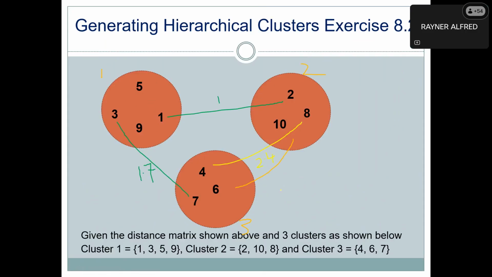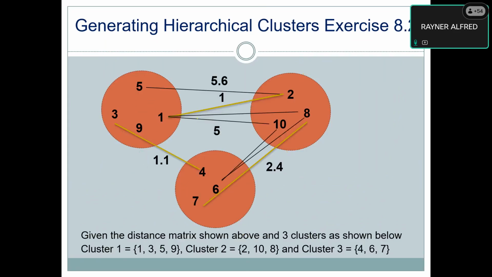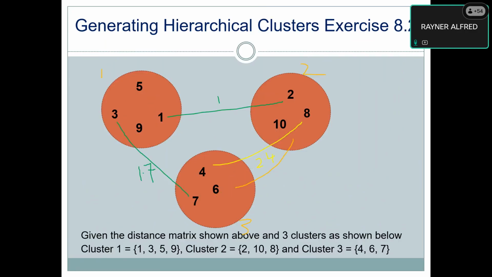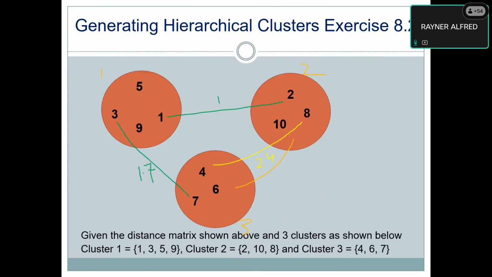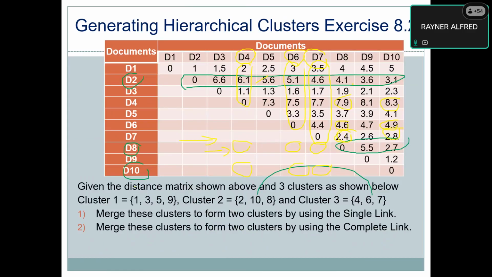2.4. Okay. So when we redraw this one, so basically these are the distance. 3 and 4. Let me see. 3 and 7. 3 and 7. 3 and 4. Yeah, this is the smallest one.